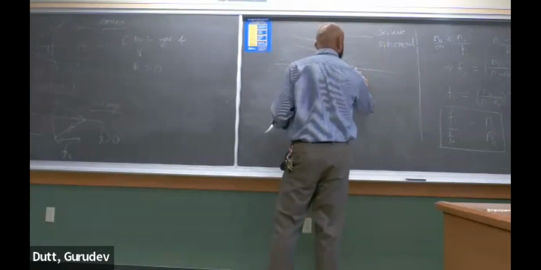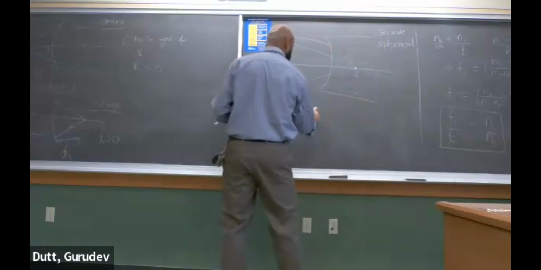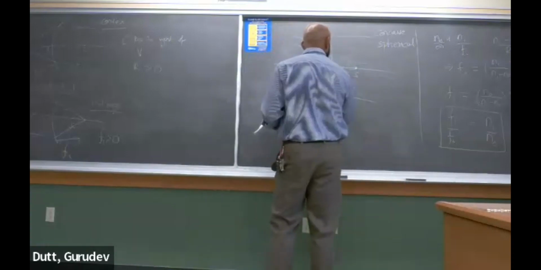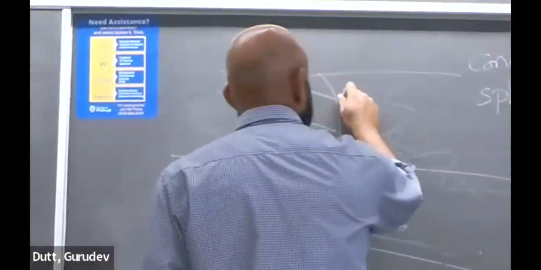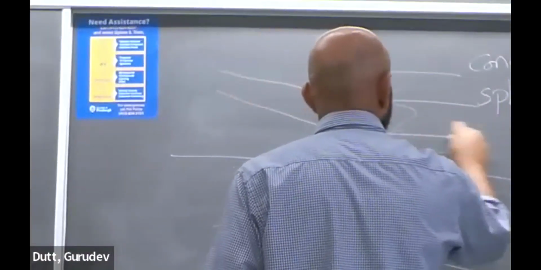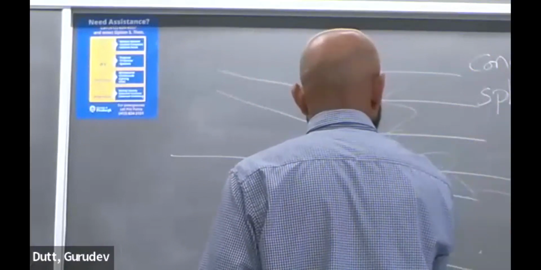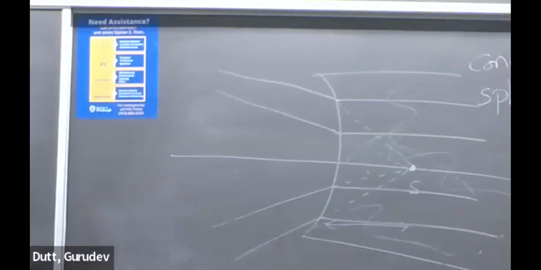So this is the point S, and this is the focal length. The reason, of course, is that these rays are still going to be parallel to the axis, just like here.